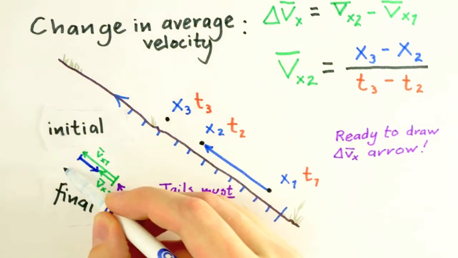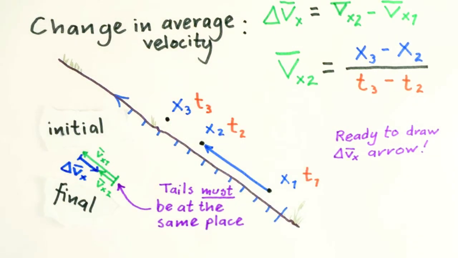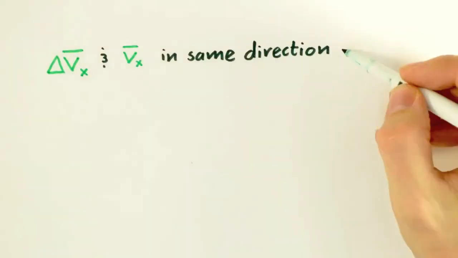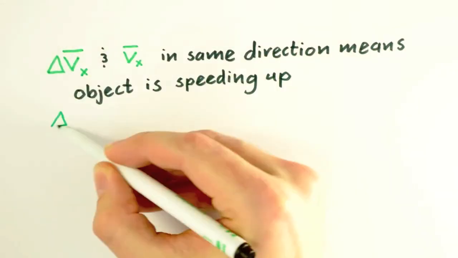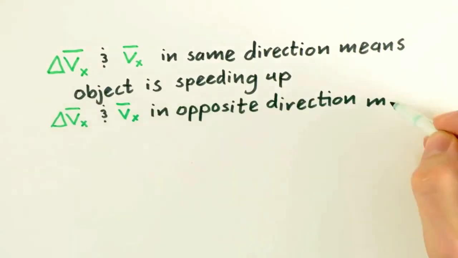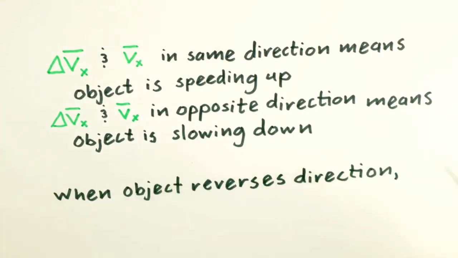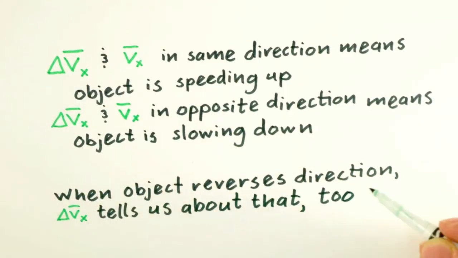This is the same procedure we applied a little earlier to draw the arrow representing the displacement, and is a general way to describe the subtraction of two vectors. As a vector, the change in average velocity carries two pieces of information: how much the velocity is changing and the direction in which the velocity is changing. We'll explore the meaning of the magnitude and direction of delta Vx later when we consider specific examples.